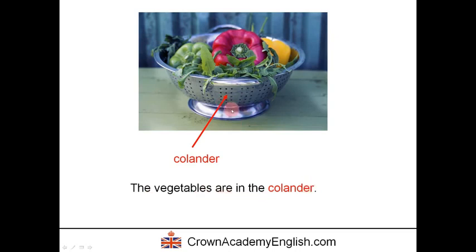So we often use a colander to wash vegetables. So we put vegetables in the colander and then we wash them with water. And the vegetables stay in the colander, but the water passes through the holes in the colander. Okay?